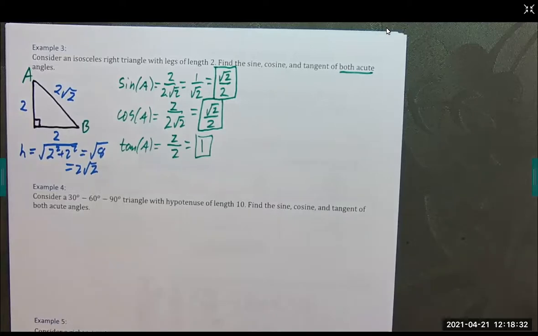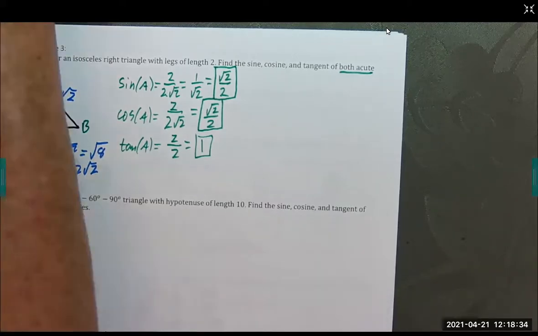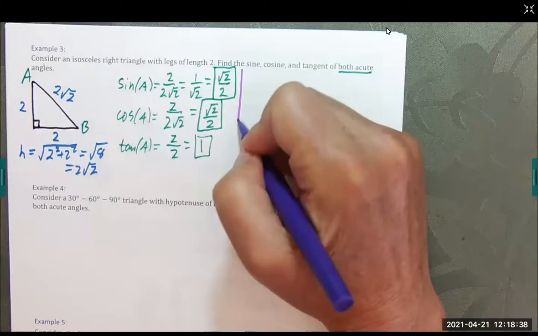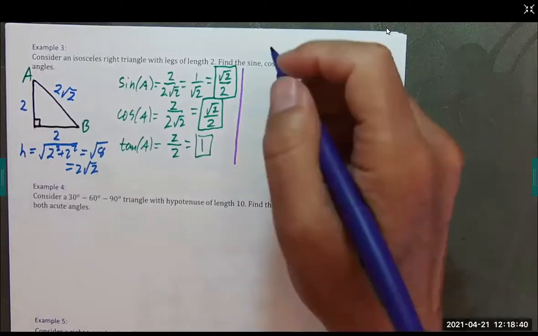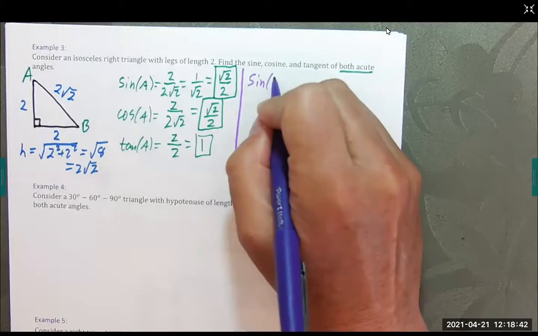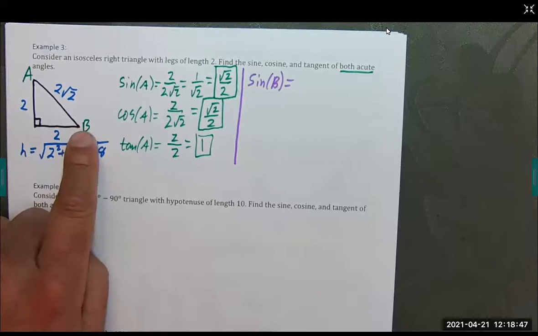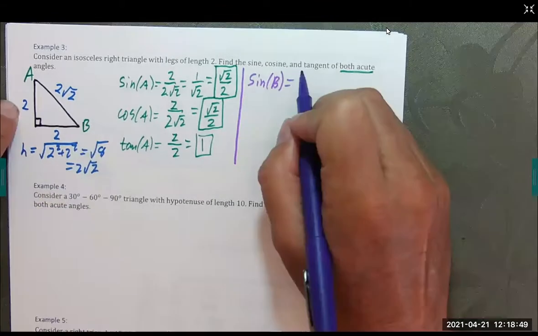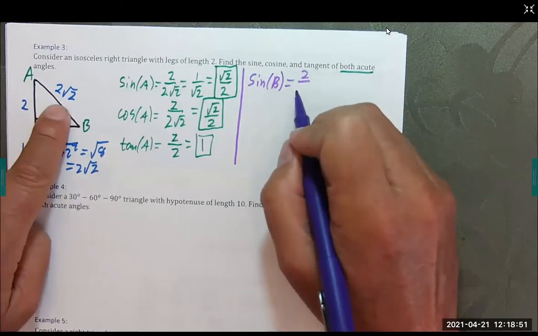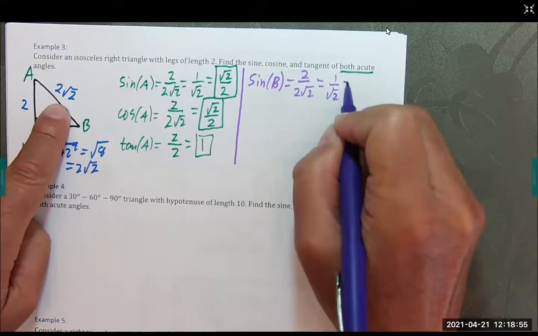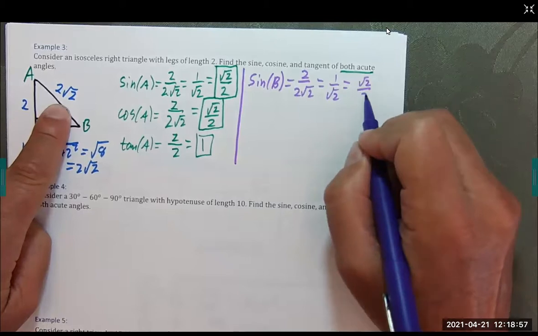Now what I can do is now find sine, cosine, and tangent of angle B. So here's angle B. Remember, it's the opposite. That's 2 over the hypotenuse, which is 2 root 2, which once again is the same.